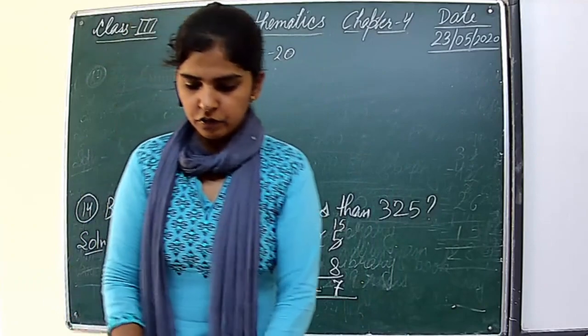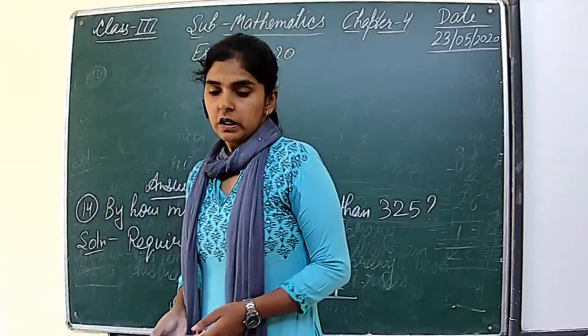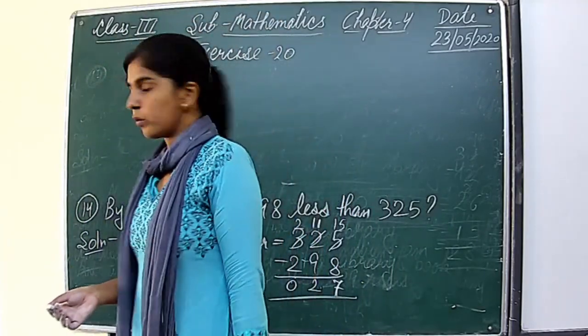Now the last question of this exercise is question number 15. Kanu had 183 rupees with him.